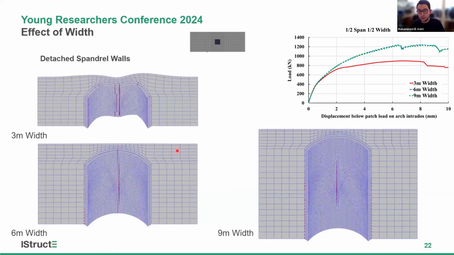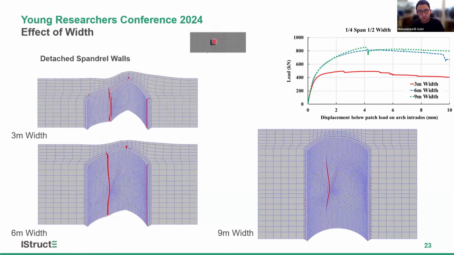This indicates that for certain widths of the arch barrel, the cracks stop propagating, affecting only a specific width of the arch barrel, which is almost the same in the 6 meter and 9 meter cases. This indicates that the effective width is already satisfied in the 6 meter case. So the effective width is somewhere between 3 meters and 6 meters.